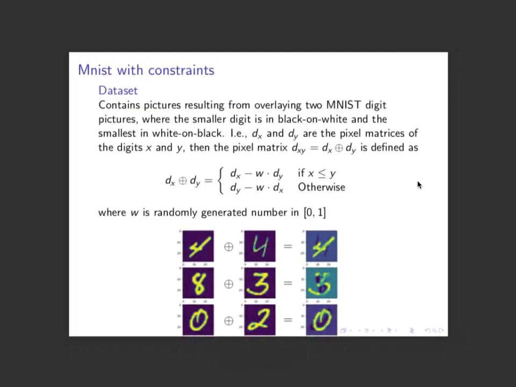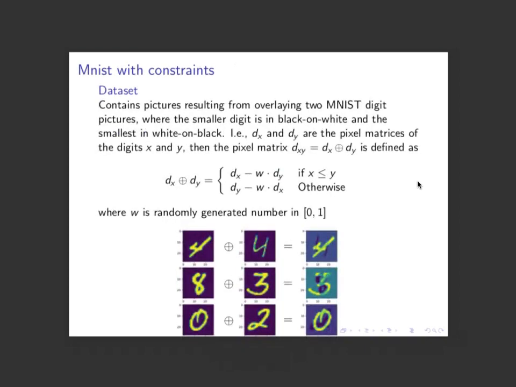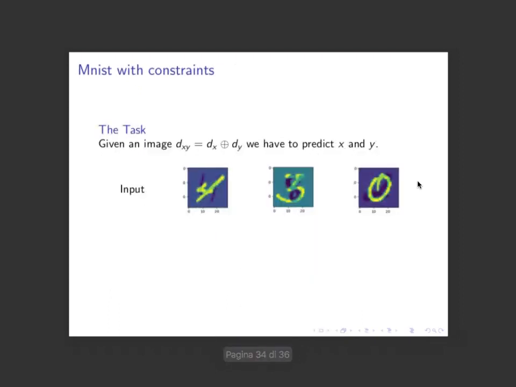And finally, the MNIST with constraints. I think that's the latest example we tried, where we kind of compose images. One black on white, the other white on black. And we try to identify that these things are such composition. So in the middle example there, an 8 and number 3 in different scales.